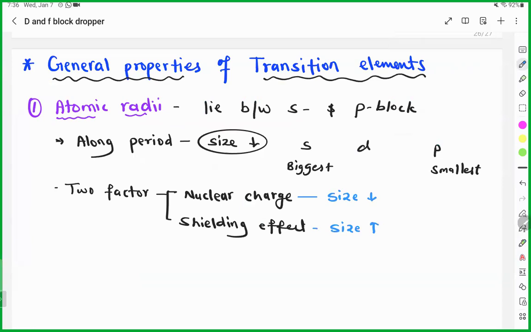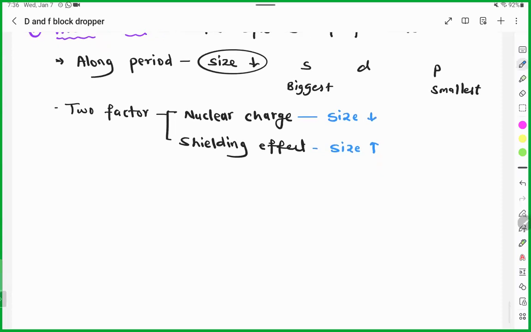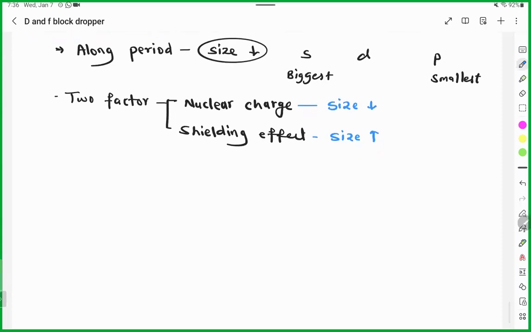So, nuclear charge, because if there is more nuclear charge, it means the nucleus is attracting the electron, size will reduce. Shielding effect means less impact of nucleus on the electron, and when there is less impact, there will be an increase in the size. Correct. So we see the effective nuclear charge. What is the impact of the effective nuclear charge?